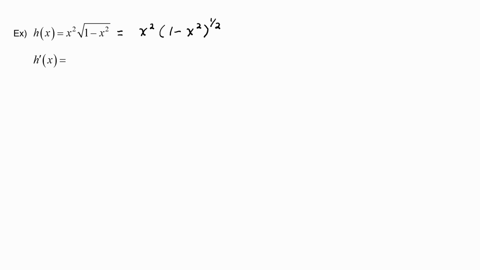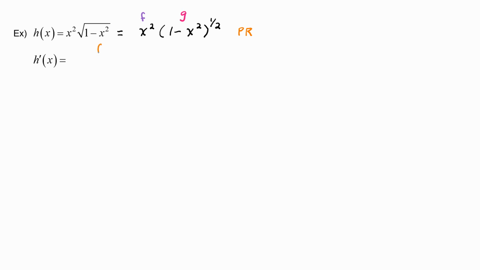Now, we recognize that we are going to have to use the product rule here, so we know that's coming, and we can let x squared be f and 1 minus x squared to the 1/2 be g.